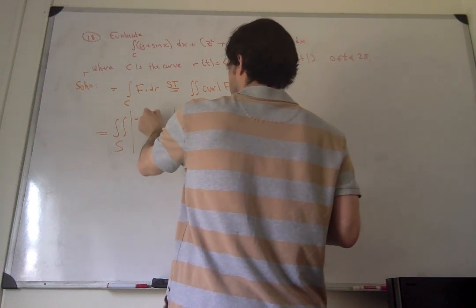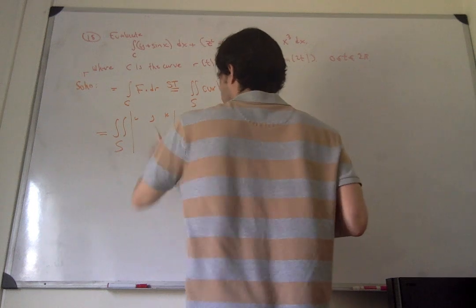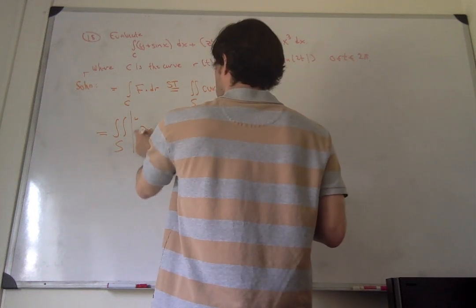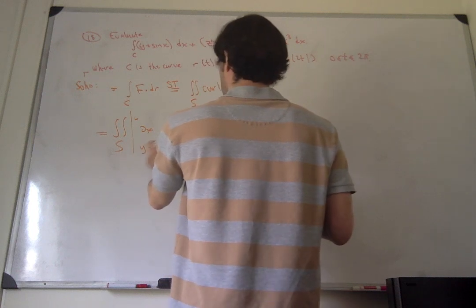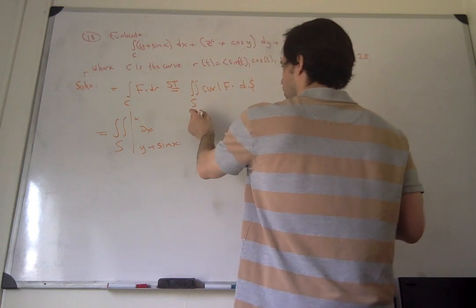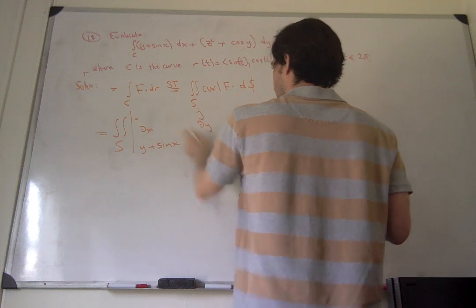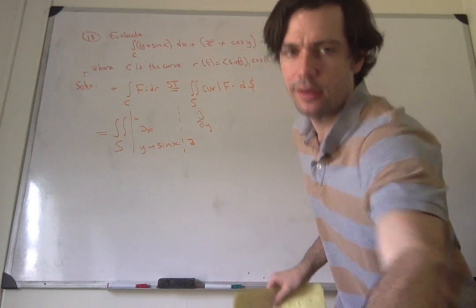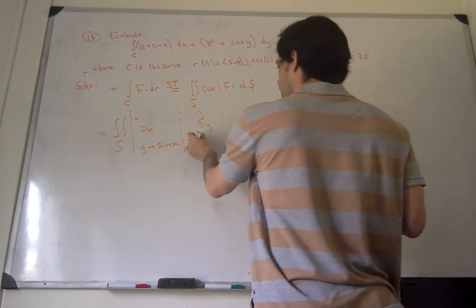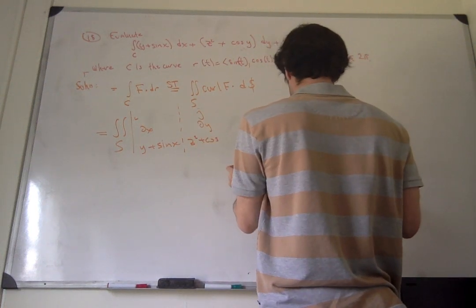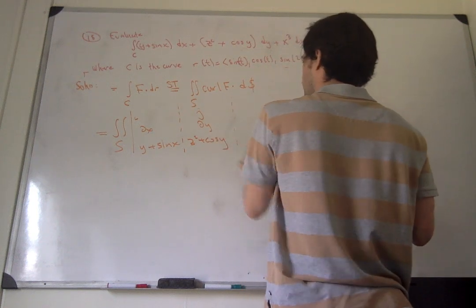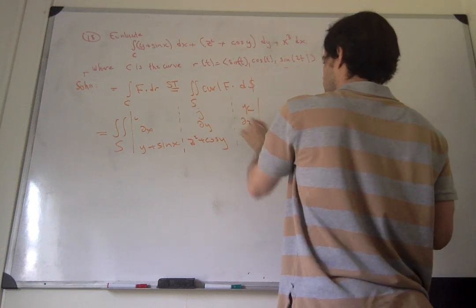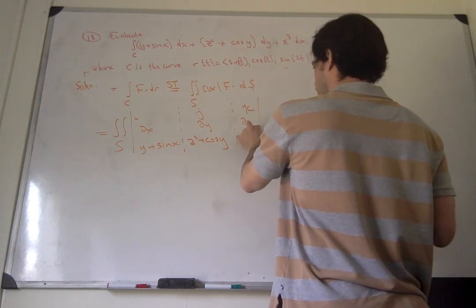So this is i, j, and k. Let me expand that a little. Here we go. Y plus sine of x, j, del y, z squared plus cosine of y, and the last bit is going to be k, del z, x cubed.